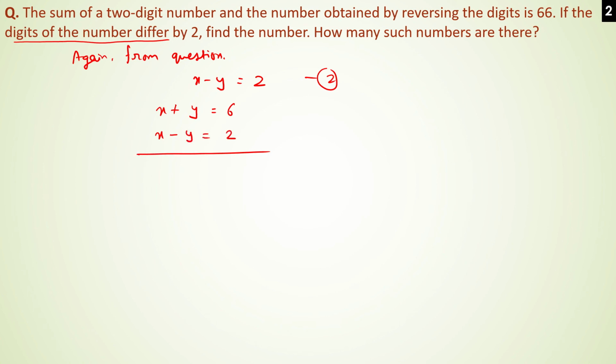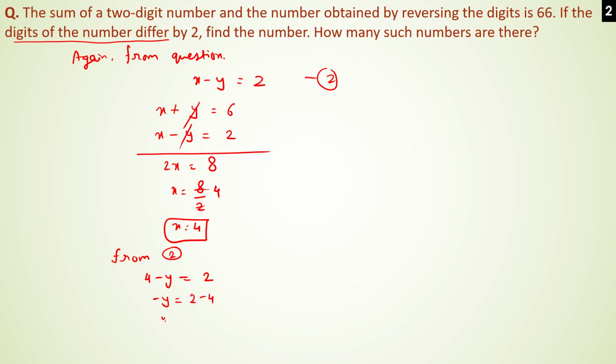We can simply add, and y will be eliminated, we get 2x equals 8, and hence the value of x becomes 4. From any of the equations, suppose I take the second, 4 minus y equals 2, that means minus y equals 2 minus 4, and hence the value of y is 2.